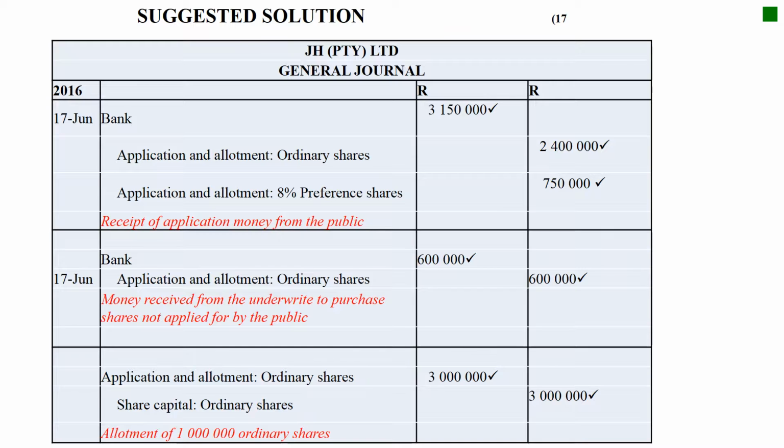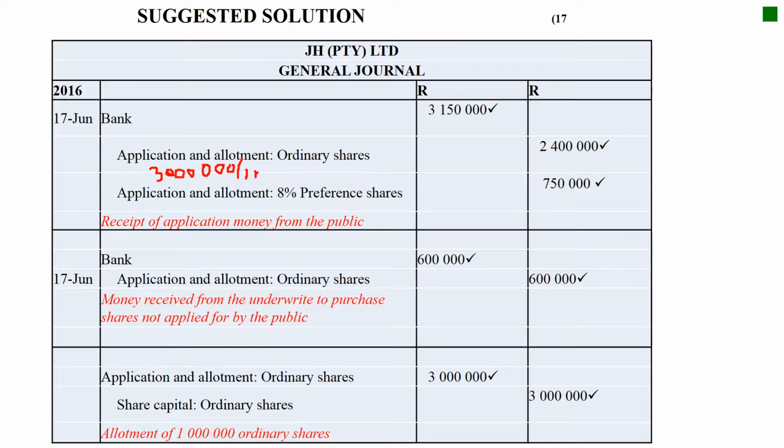How do we get 3 rands? The shares were initially issued for a consideration of 3 million, and this 3 million was for 1 million shares, meaning that each share was valued at 3 rands.